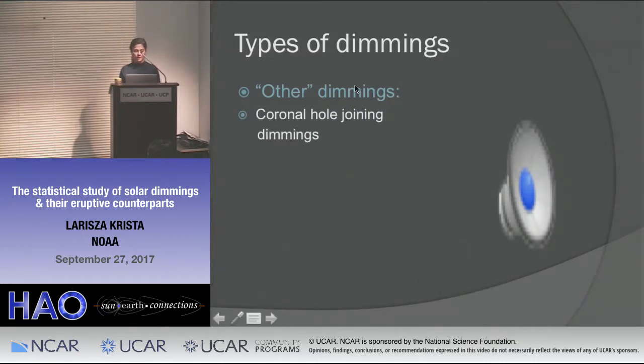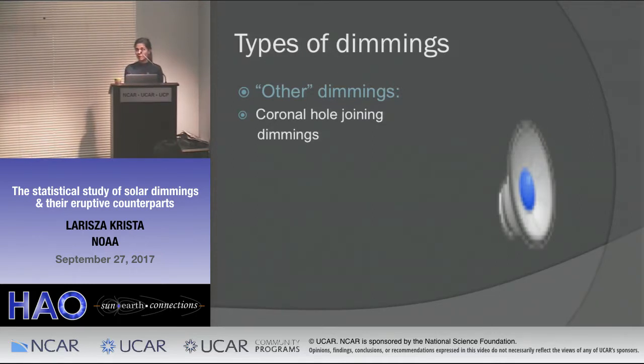Another one, which is very curious and interesting on its own, I think it deserves a whole research on its own, is dimmings that join existing long-lived open field regions, coronal holes, and so the eruption happens near a coronal hole, and this dimming pops out and sort of just joins onto the coronal hole.